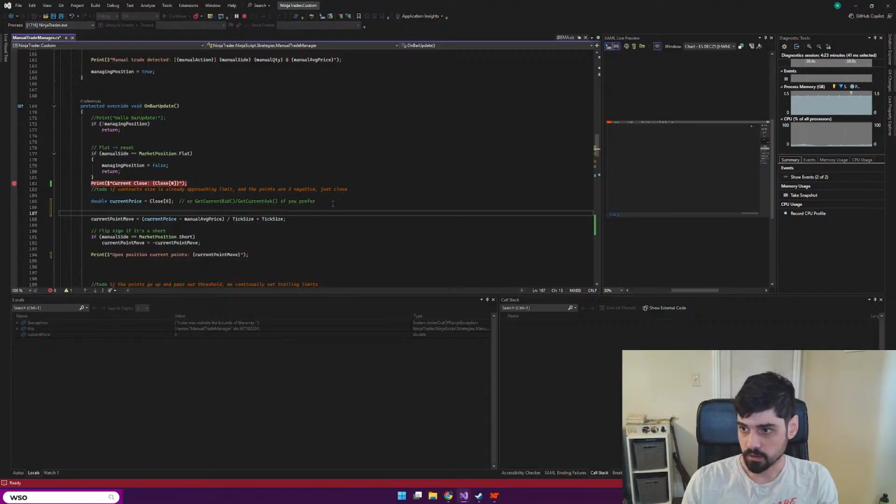So I'm thinking right here, of just having it set a variable for the current points instead of this class level variable.